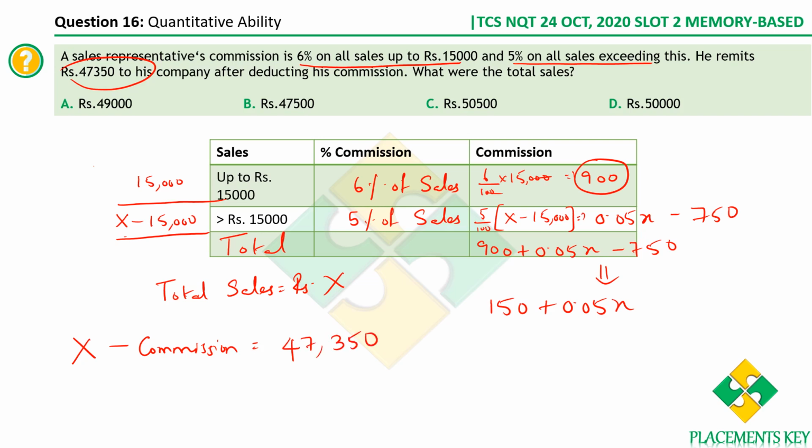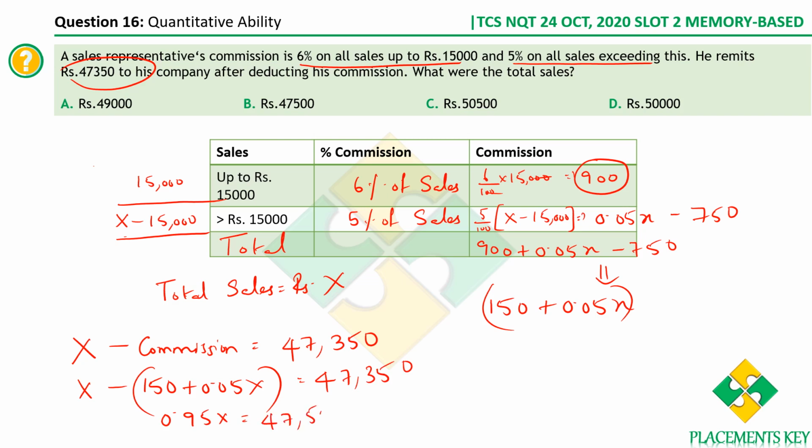So X minus the commission, which is 150 plus 0.05X, is given as 47,350. We get X minus 0.05X, which is 0.95X, equal to 47,350 plus 150, which gives 47,500.